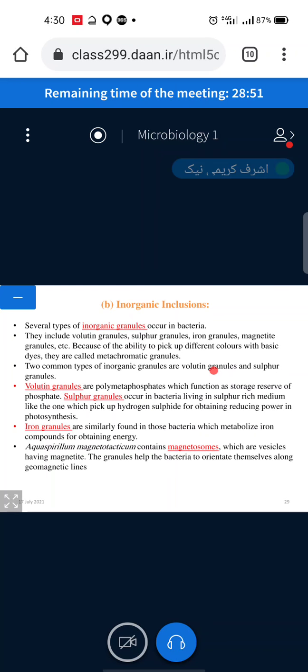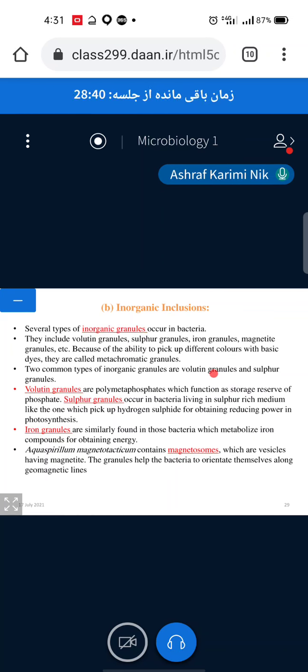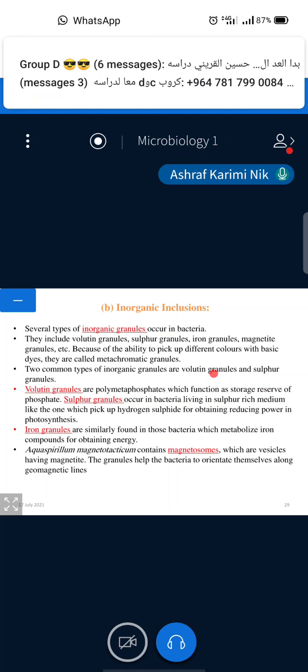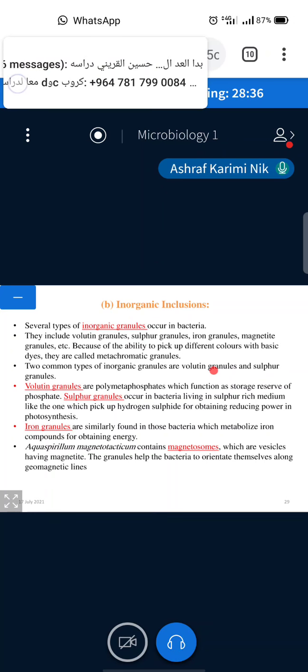The most important granules are sulfur granules in photosynthetic bacteria and phosphate granules in Corynebacterium.